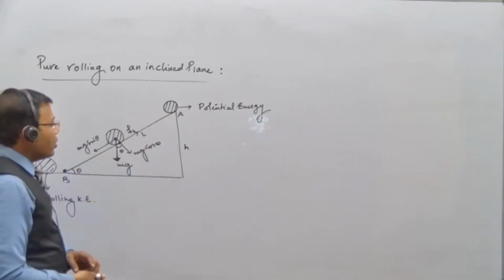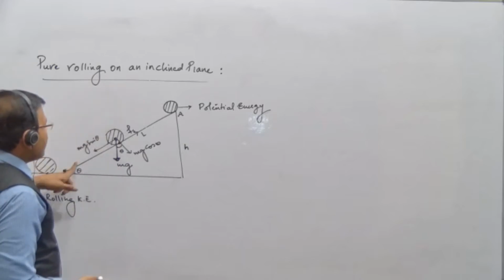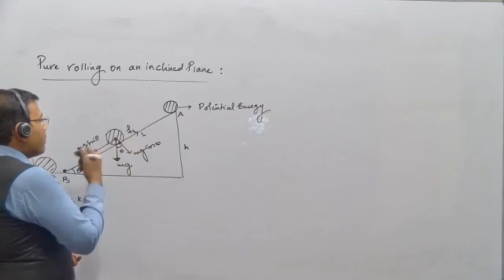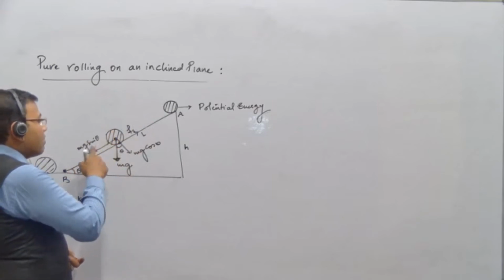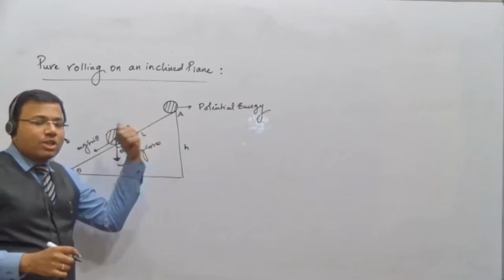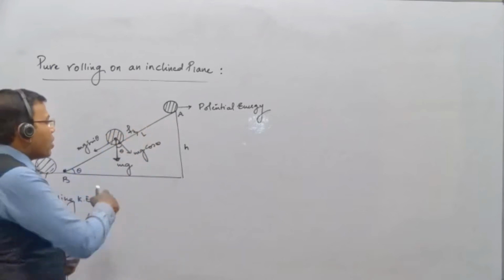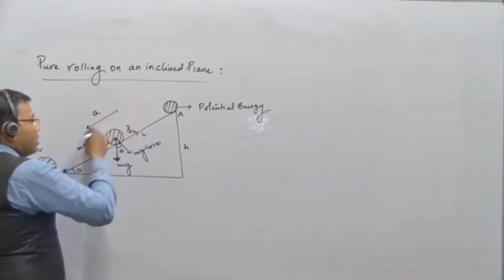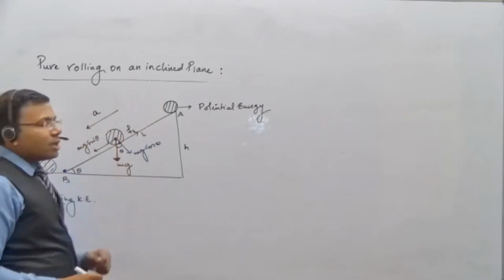That I am showing you. It is because of the net force, that is mg sin theta and Fs. So the net force acting is mg sin theta minus Fs, because that is acting upward. Because of the net force, this object is going to move down with some acceleration that we are calculating.